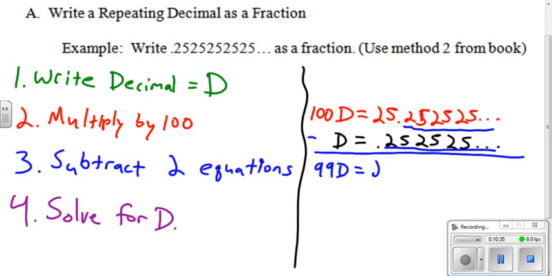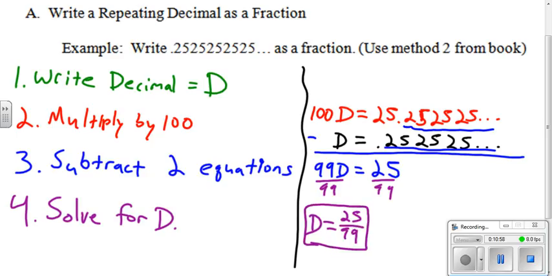So we're just left with 25, the piece in front of the decimal point. So now we have 99d equals 25. Now we just solve for d. Divide both sides by 99. So in the end we'd say d equals 25 over 99. And that is how we would write our decimals as a fraction.